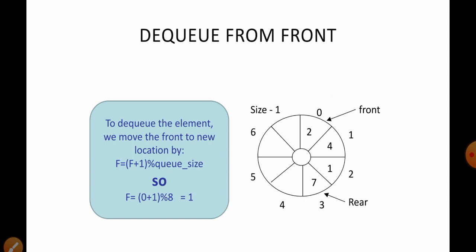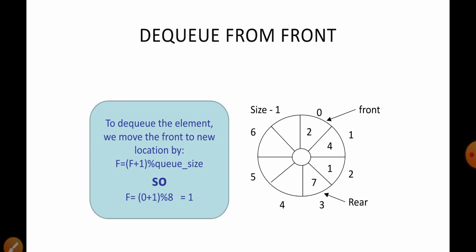Another example is of deque operation. In a double-ended queue, we can insert the value at the front and at the rear, in both ends, whether it is the front end or rear end. And to deque, if it is not an input or output restricted queue, we can deque the value from both ends.